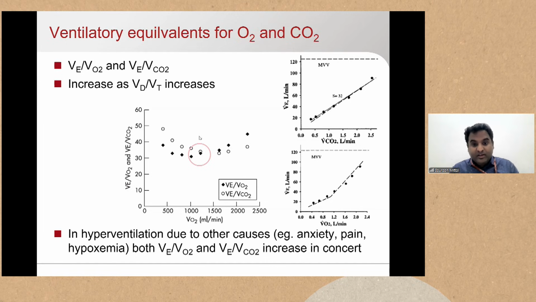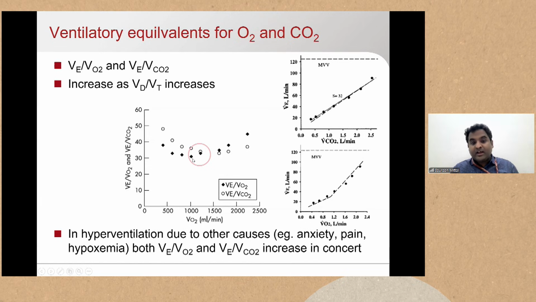Another thing here is that the black dots show the ventilatory equivalent for oxygen, and the white dots show it for carbon dioxide. If you see, the VE by VO2 is lowest earlier as compared to the VE by VCO2. That means VE by VO2 reaches its lowest value earlier than VE by VCO2. This is also very important.